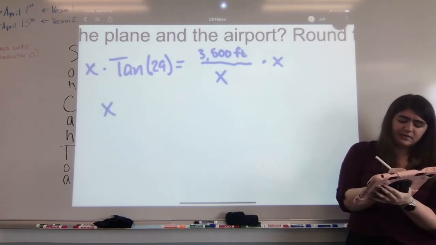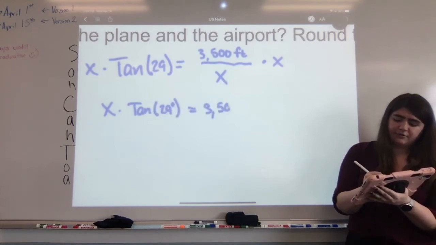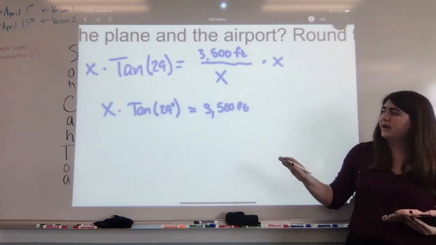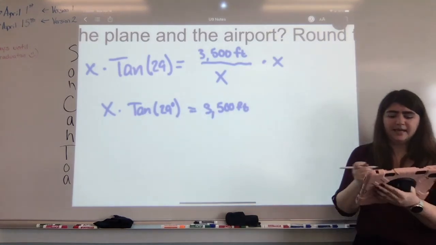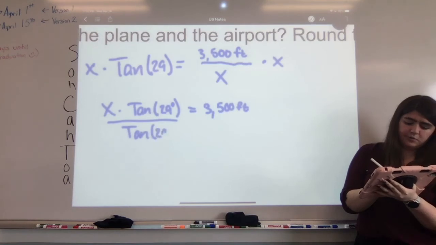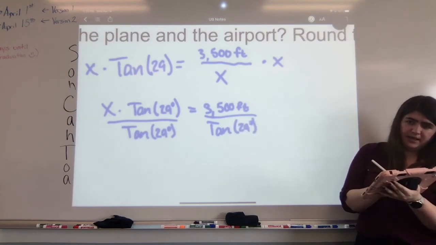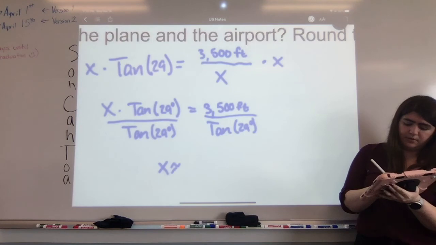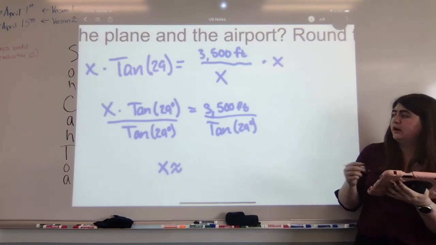That gives me x times the tangent of 29 degrees is equal to 3,500 feet. I still want to get x by itself, so now I'm going to divide out our tangent function. So we're dividing the tangent of 29 degrees out on both sides, which means that x, once we do all that division in our calculator, is about 6,314 feet.